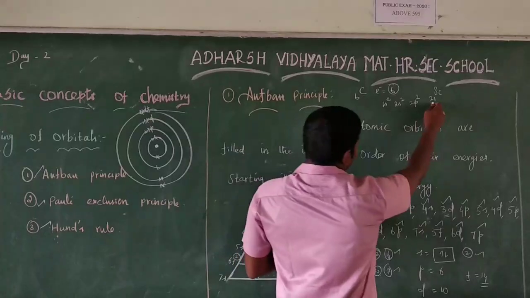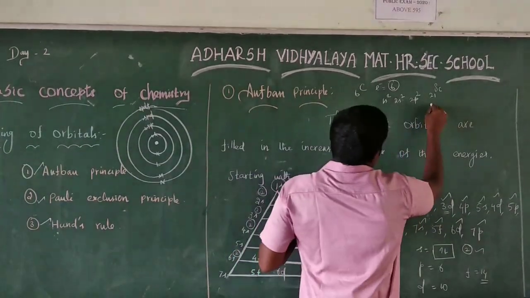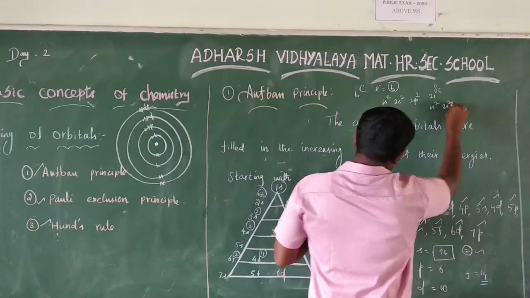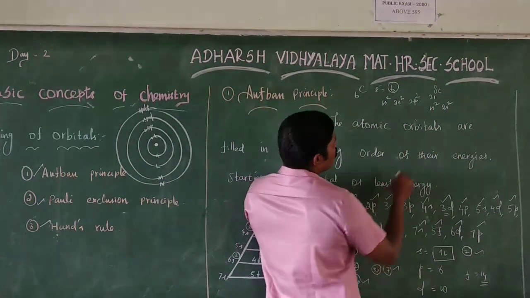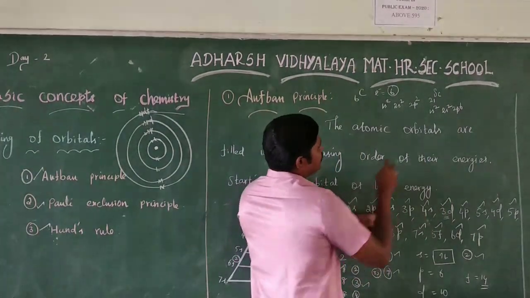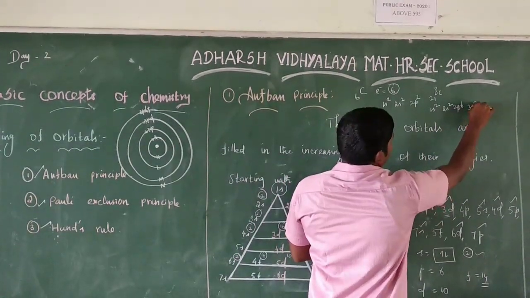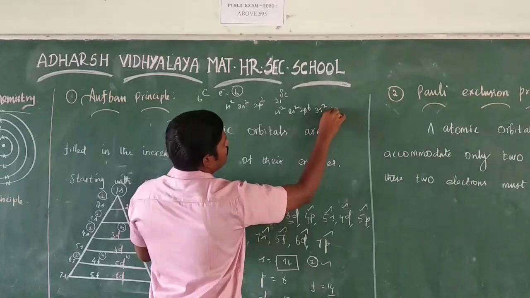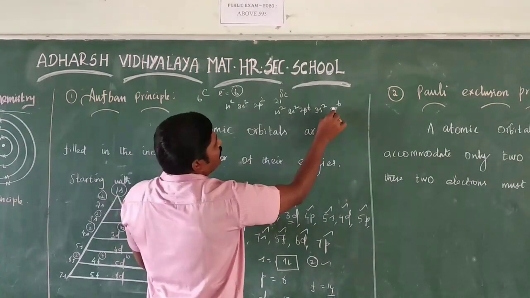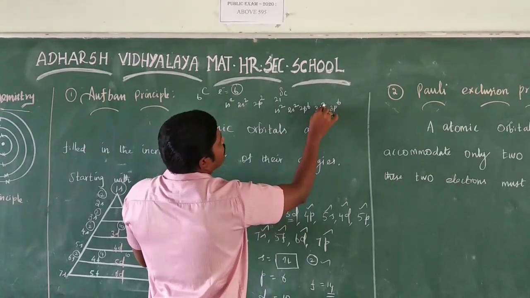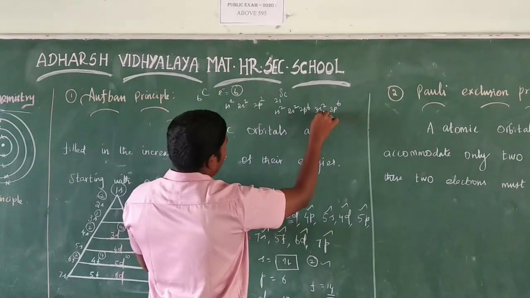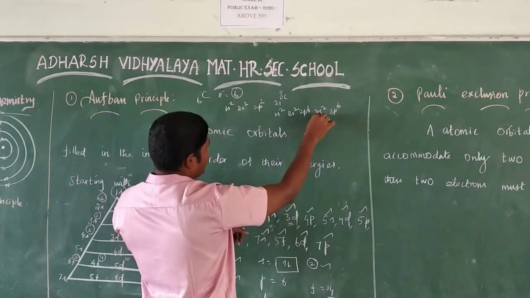Write the electronic structure of scandium: 1s2, 2s2, 2p6, 3s2, 3p6. How many electrons are filled? 6 plus 2, 8, 8 plus 2, 10, 16, 18.